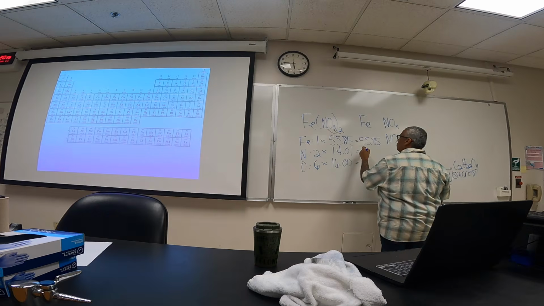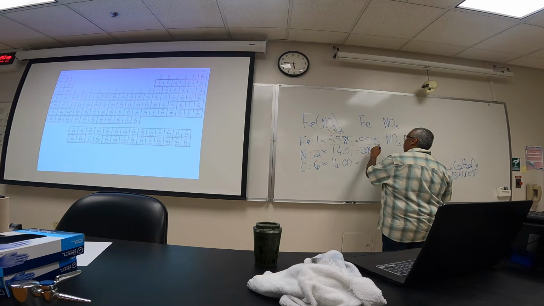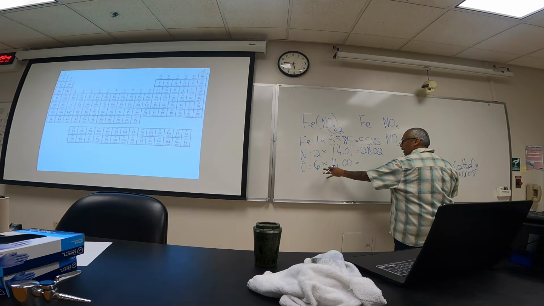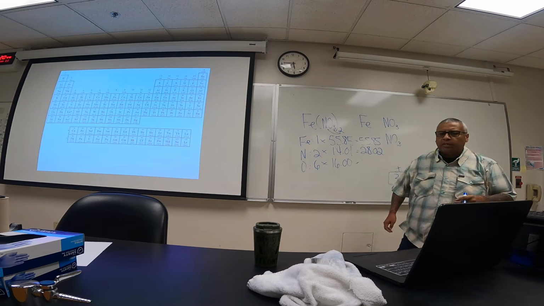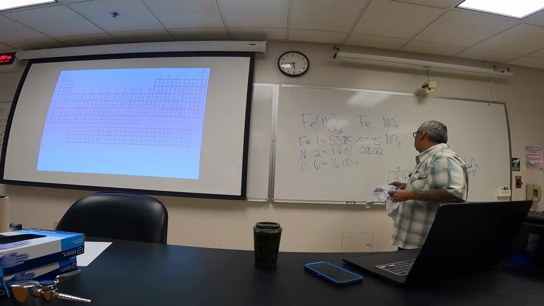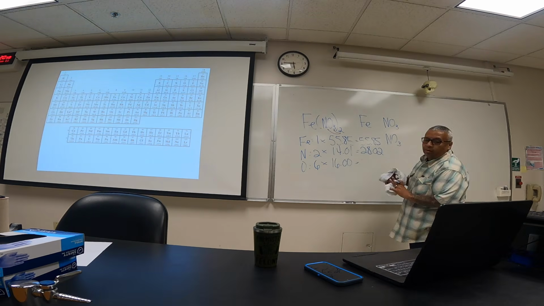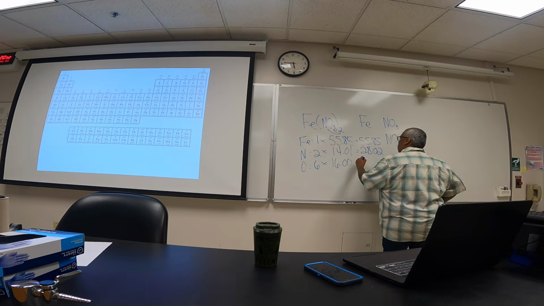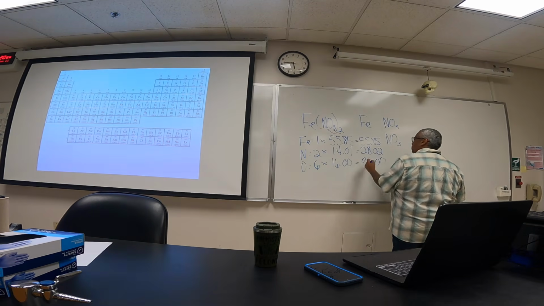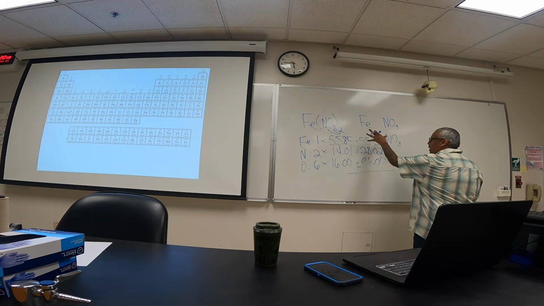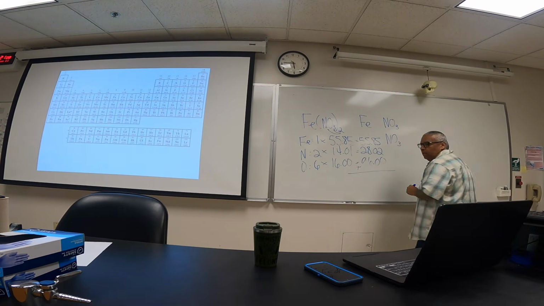For nitrogen times 2, this is 28.02. And 6 times 16, anybody? 96? Did I hear that correct? Yeah. So 96.00, and then we're just going to add all of these up here. So add these up, somebody, and give me that value.